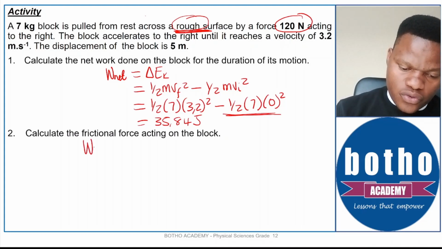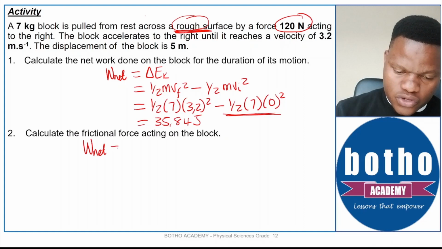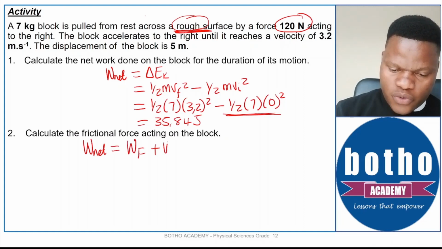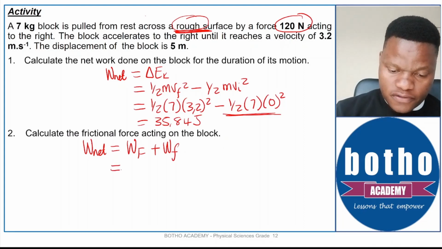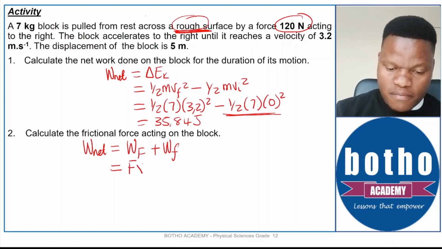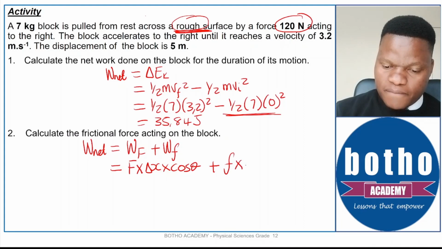So we now know also that W net is equal to the work done by the applied force plus the work done by the frictional force. If we go ahead and simplify, the work done by the applied force will be the applied force multiplied by delta x multiplied by cos theta, plus the work done by the frictional force, which will be the frictional force multiplied by delta x multiplied by cos theta.